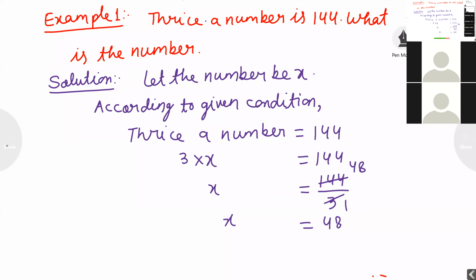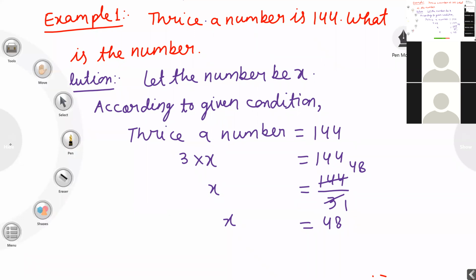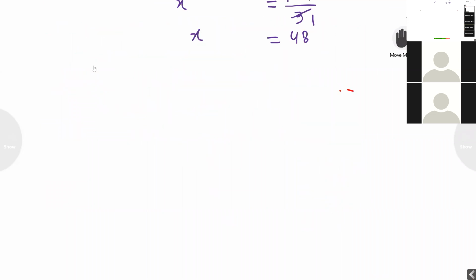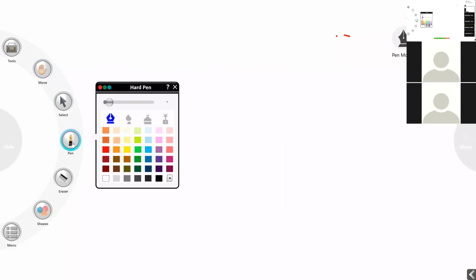Then thrice means 3 into x is equal to 144. The value of x is equal to 144 divided by 3. Then x is equal to 48. Note down example second.